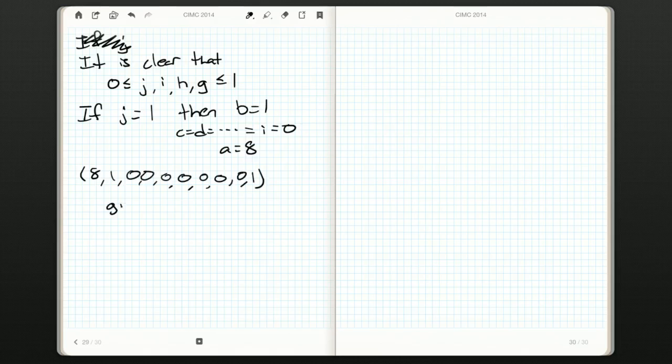So what does that give? How many zeros do we have? We have 7 zeros, 2 ones, 0, 0, 0, 0. We should have 1 8, so 0, 1, 2, 3, 4, 5, 6, 7, 8, 9.